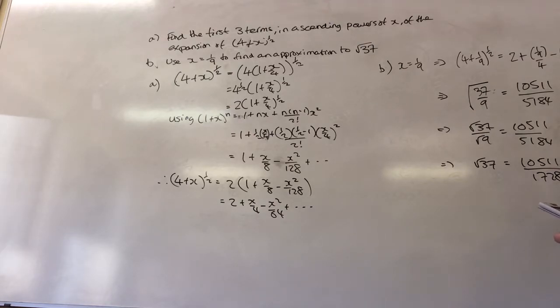And on the calculator we've got 6.08275546. So looking at that, the first 1, 2, 3, 4 decimal places are the same, which means that if we did that percentage error thing on that, it's not going to be very, very big at all. It's going to be minute, probably less than 0.1%.